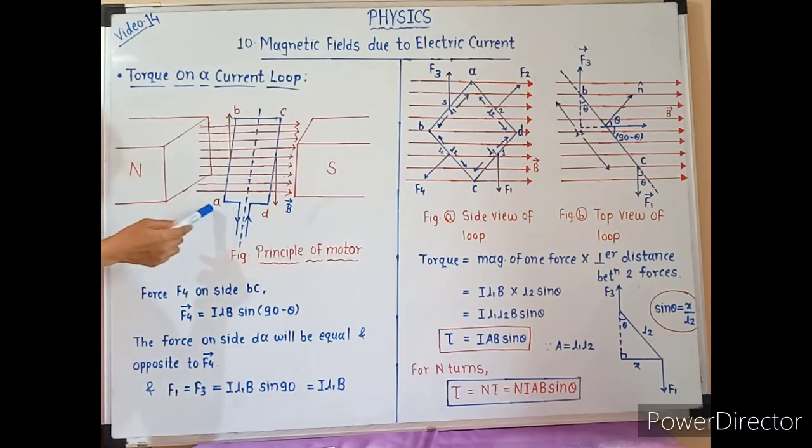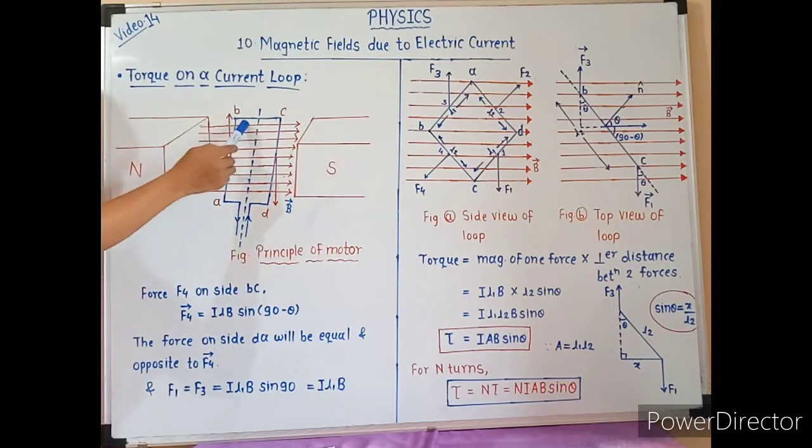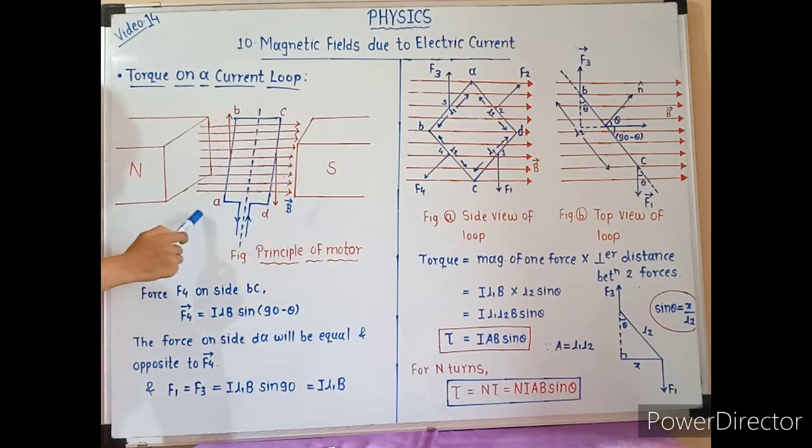When current is applied to this wire loop ABCD, current is flowing from A to D, D to C, C to B and B to A. But the side BC and side AD of this loop are in the direction of magnetic field B bar, while side AB and side CD are perpendicular to magnetic field B bar.